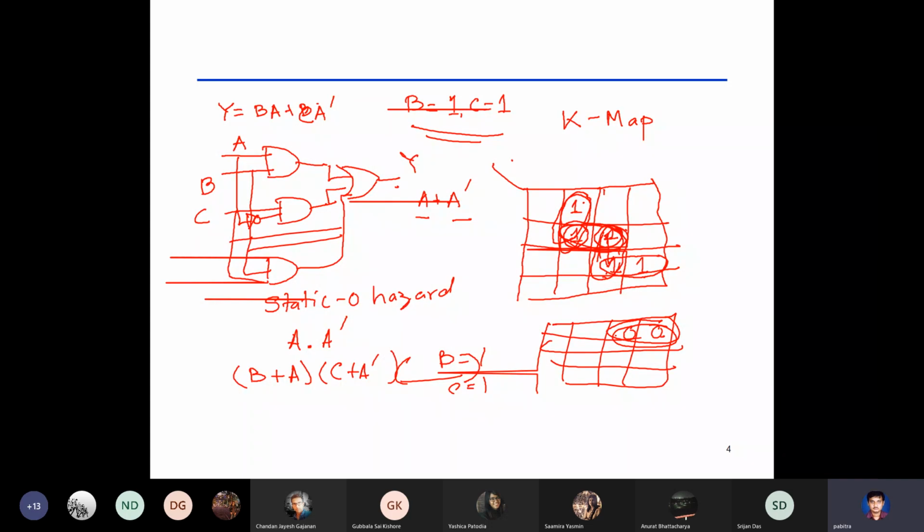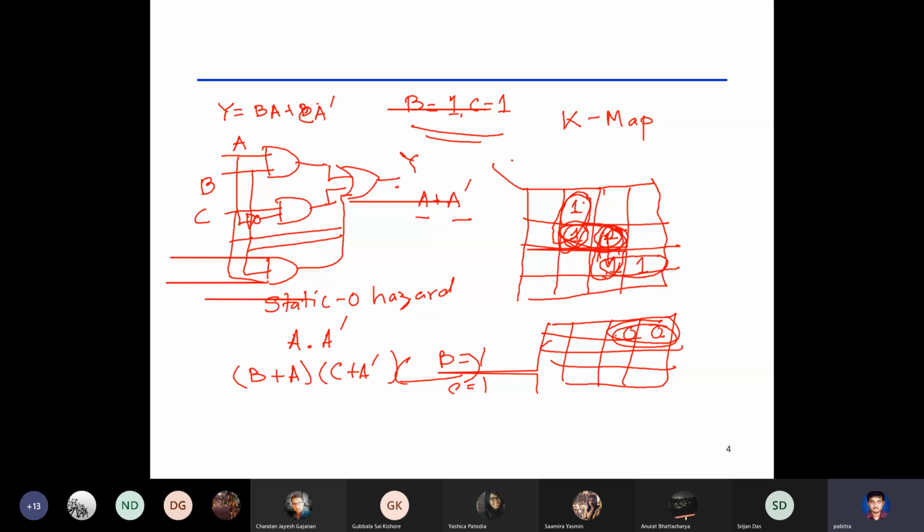This is a product of sums, so it is an OR-AND circuit. The second level AND will have more inputs than necessary, and you have a redundant OR gate in the first level. Okay, so this is how we avoid it, and this can easily be formalized.